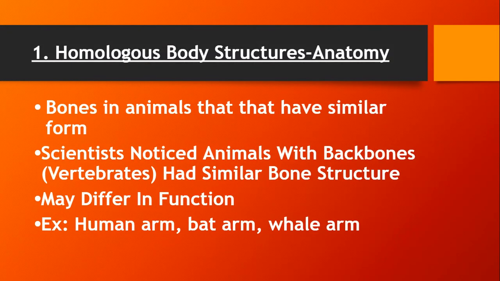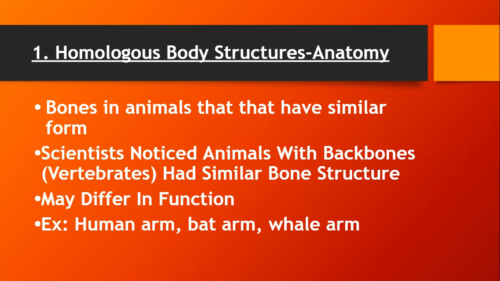Homologous body structures, or anatomy. This is bones in animals that have similar form, but they might differ in function. So in a previous lecture, we talked about how humans have 5 fingers, and we use those 5 fingers to grab stuff, to write, to do all sorts of different tasks.